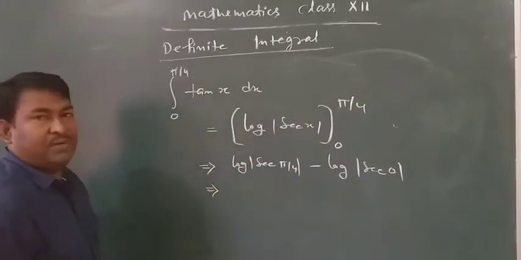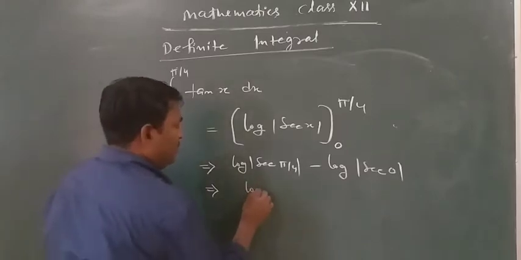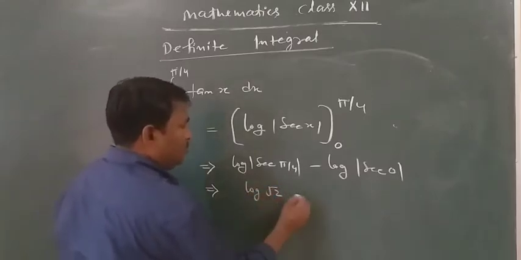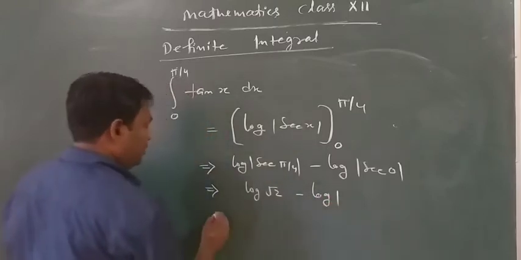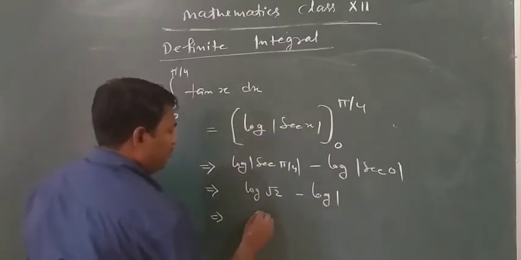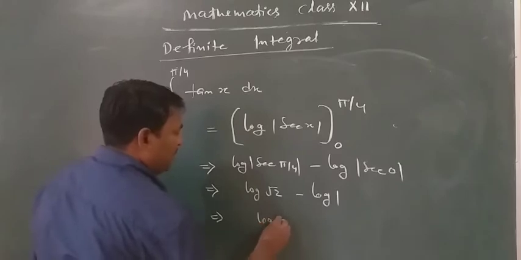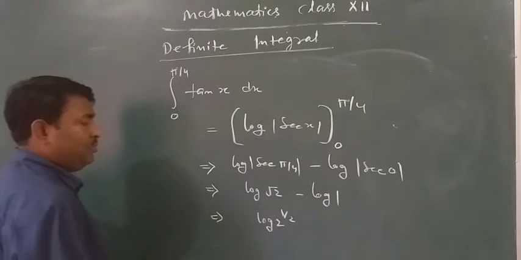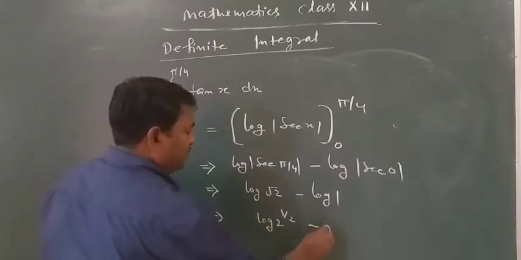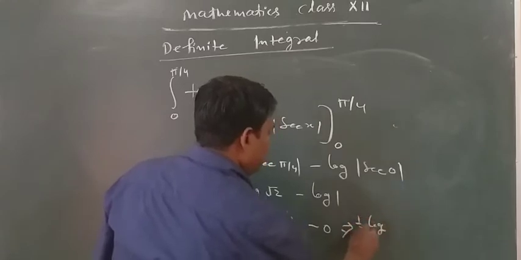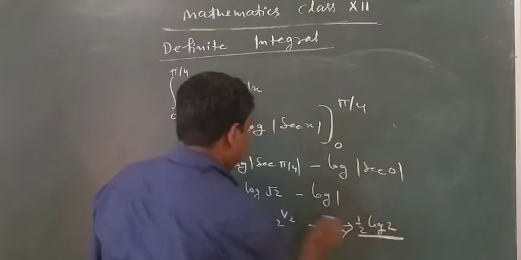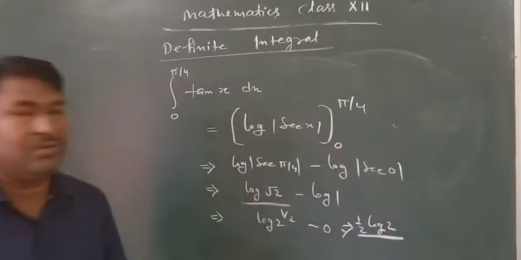The value of log sec pi by 4 is log under root 2, minus log sec 0, which is log 1, and log 1 is 0. So this value is log under root 2, or you can write log 2 power 1 by 2, and this will be 0. Later you can write 1 by 2 log 2. Either like this or like this, you can write your answer.